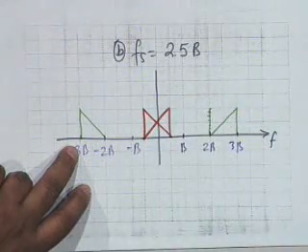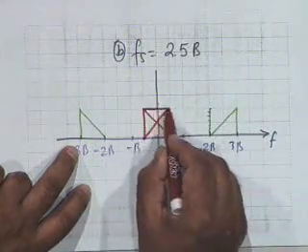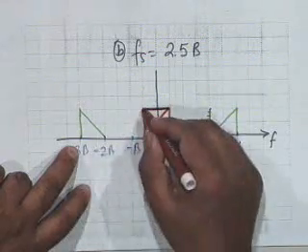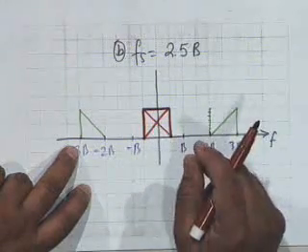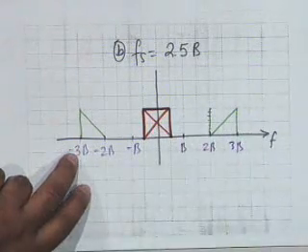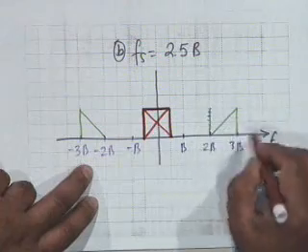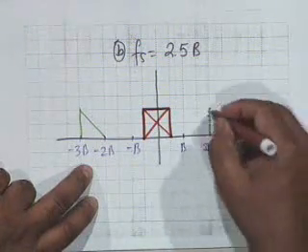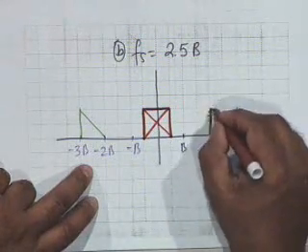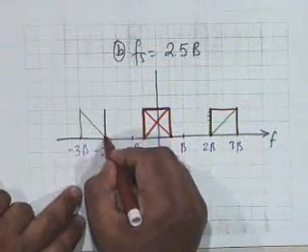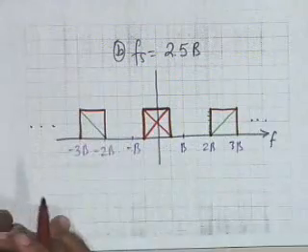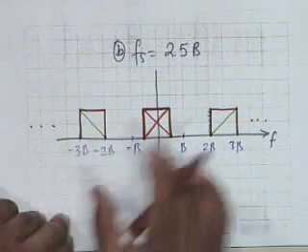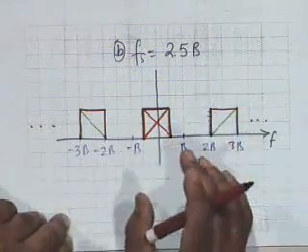And if you add the two, obviously it would be a flat spectrum like this. So the addition would be like this, a rectangular pulse like structure. In a similar manner, from 2b to 3b, another pulse will be added like this. And this will continue. You see, it's a spectrum shaper rather than anything else.